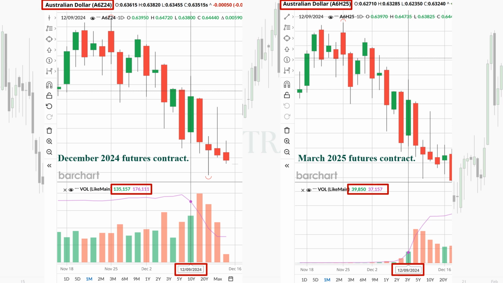You can see that the December contract has a volume of 135,000 and an open interest of 176,000, both higher than the March contract, which has a volume of 39,000 and an open interest of 37,000, so I choose to analyze the December contract.